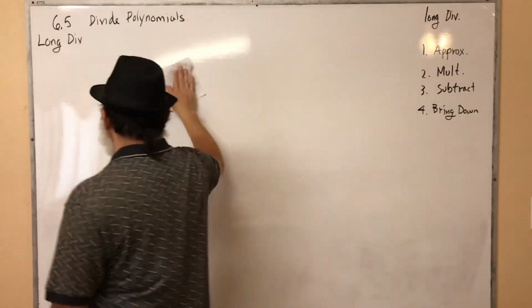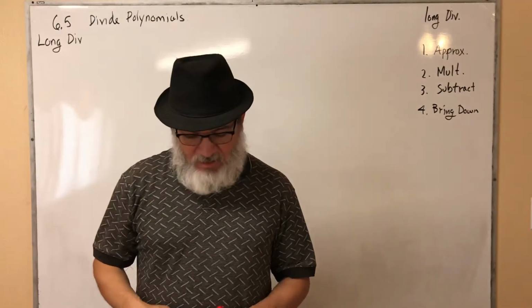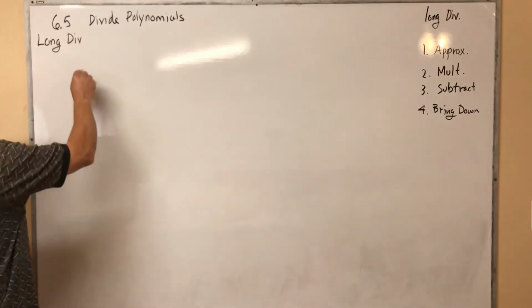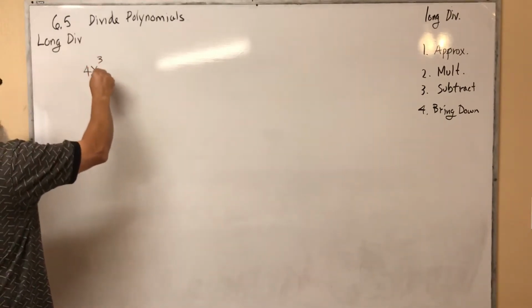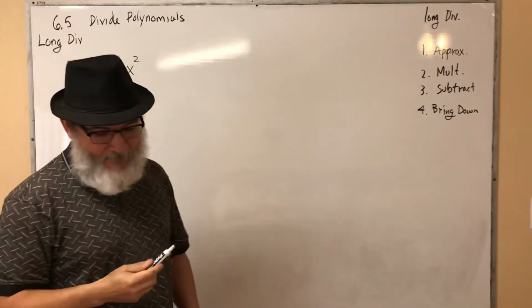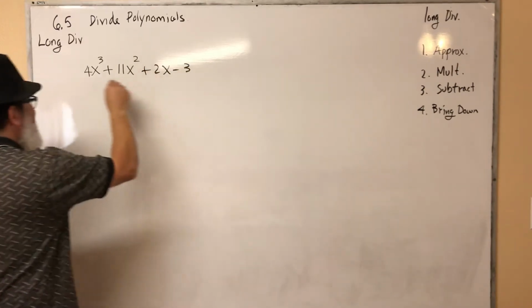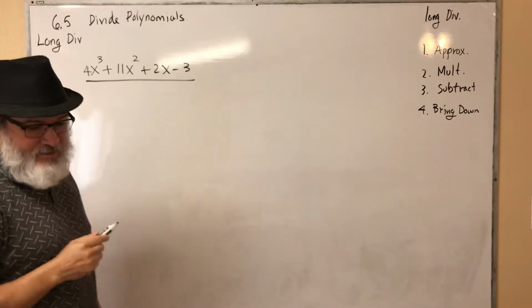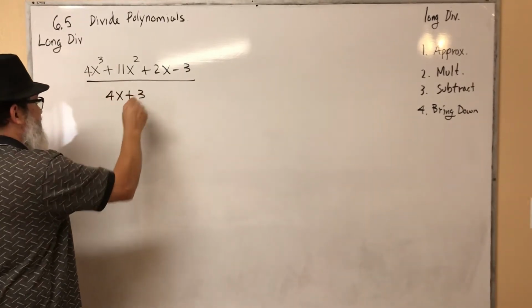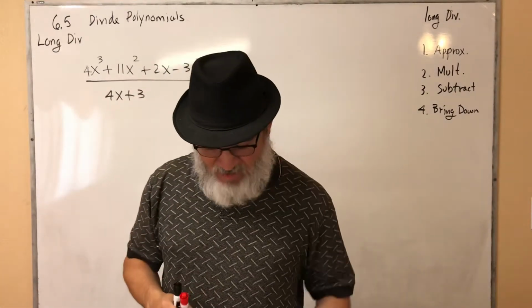Let us take 4x cubed plus 11x squared plus 2x minus 3 divided by 4x plus 3. And we're going to do long division.